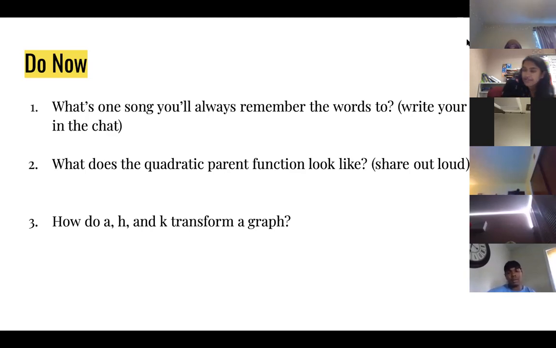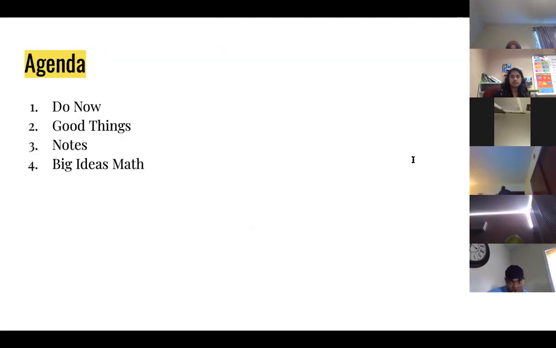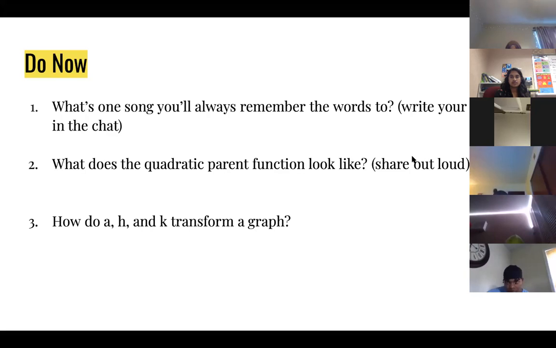All right, first question. What does the quadratic parent function look like? What do you have for me, Jaden? I don't know. What is the shape?